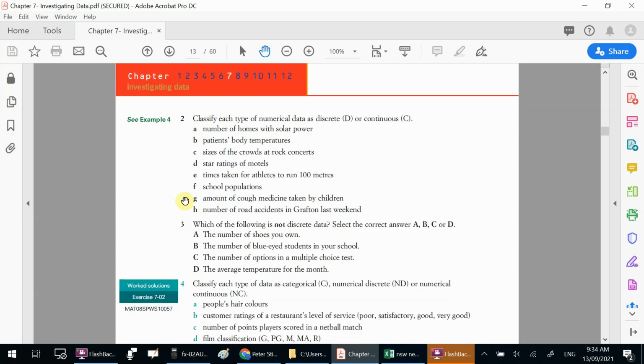Question 2, we're going to splitting the difference between discrete and continuous. Discrete being counted, continuous being measured. So if you can count it, like the first one, number of homes with solar power is discrete because it's counting. Body temperatures is measured, so that's continuous.